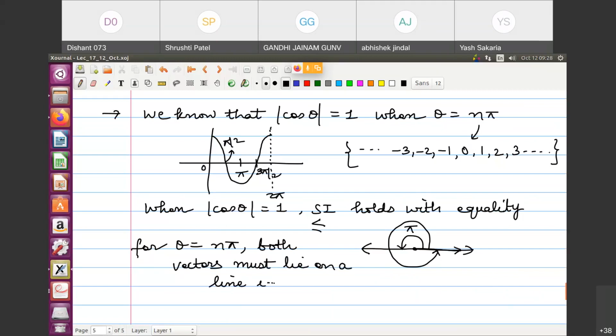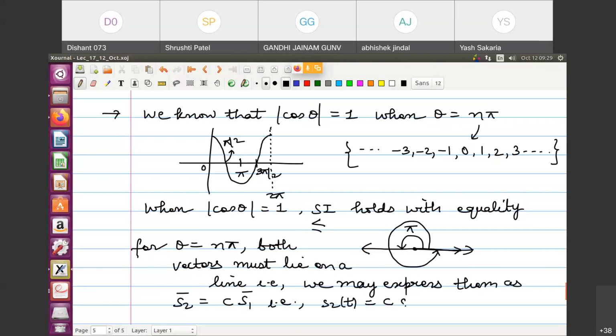That is, since they are on the same line, we may express them as S2 bar is equal to C times S1 bar, where C is a scalar. That is, S2(t) is equal to C times S1(t), where C is a constant.